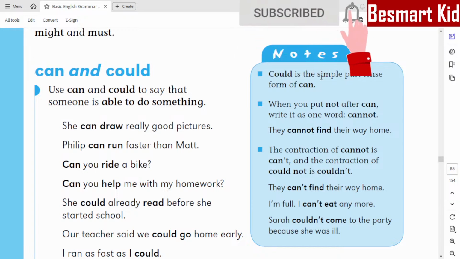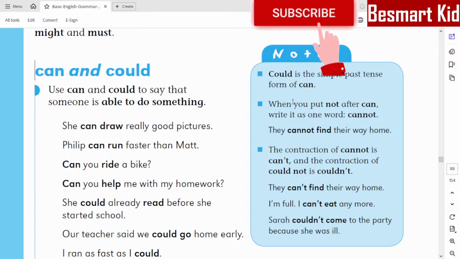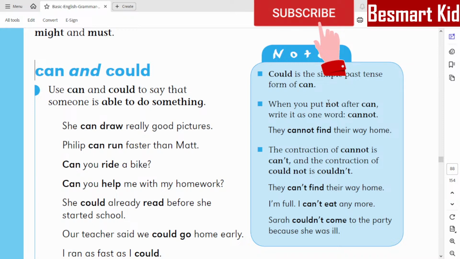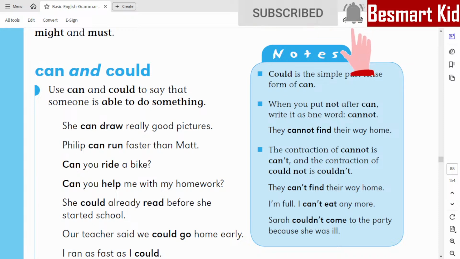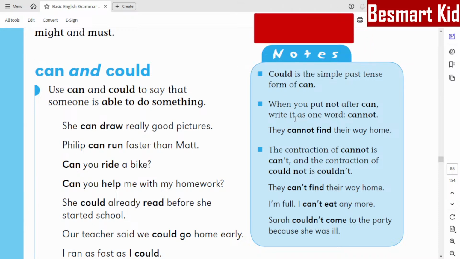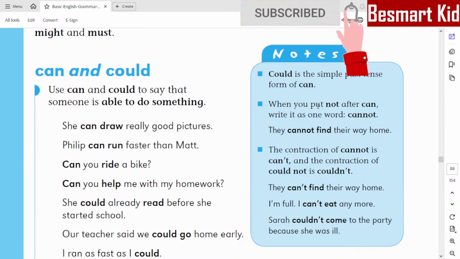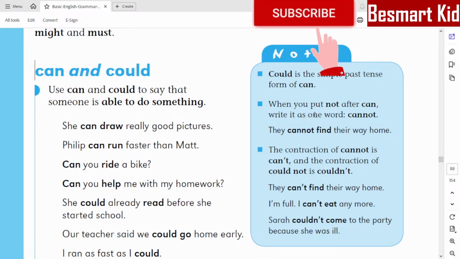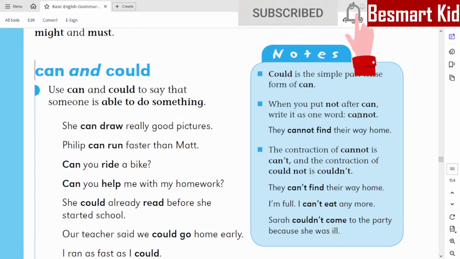Could is the simple past tense of can. When you put not after can, write it as one word: cannot.